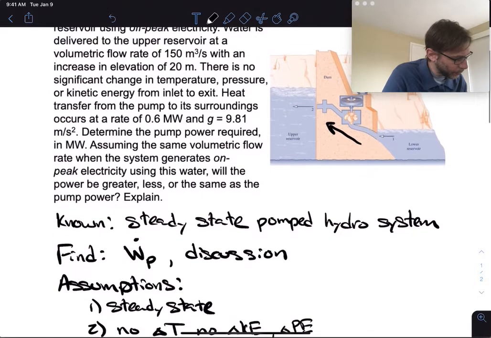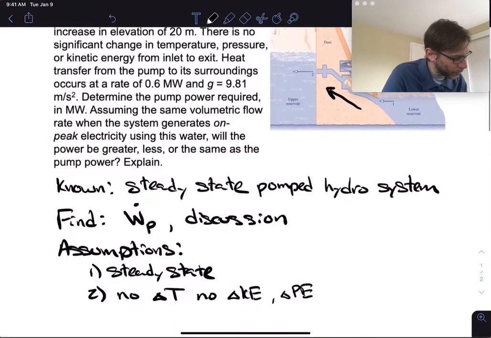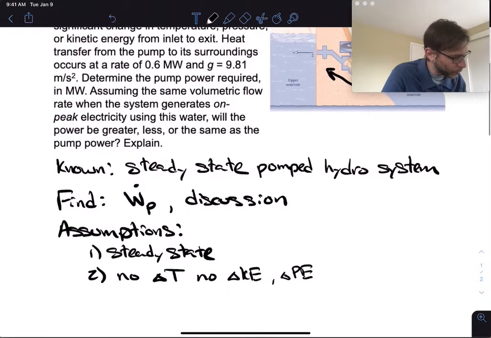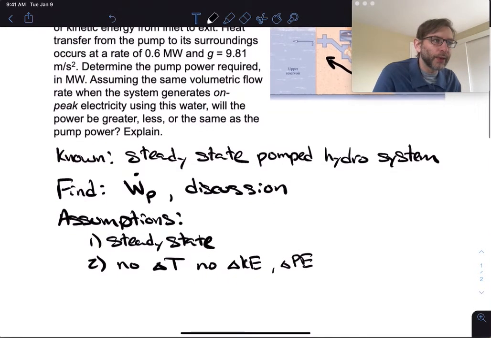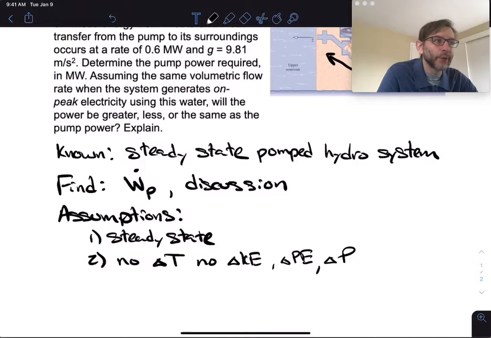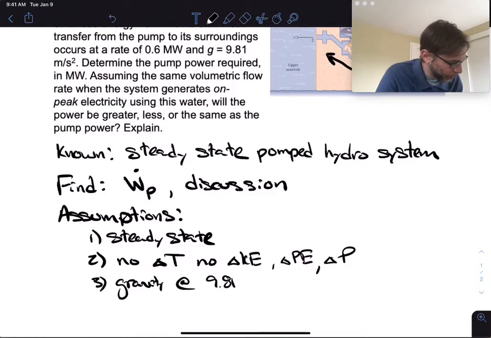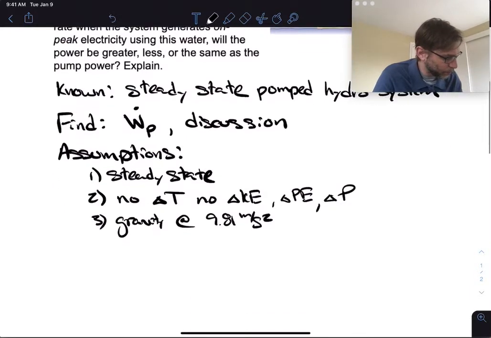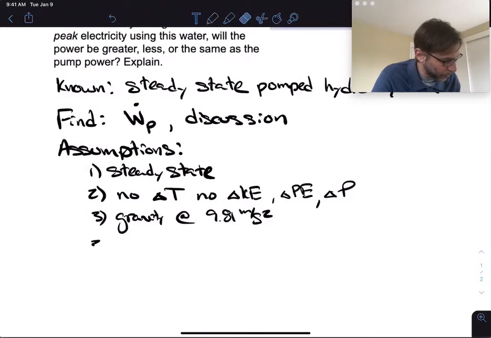Delivered to the upper reservoir, there's no significant change in temperature, pressure, or kinetic energy from inlet to the outlet. So no delta pressure from inlet to the outlet, which means at the top and the bottom of the reservoir. We assume gravity at 9.81 meters per second squared, which is nowhere on Earth, so that's good.